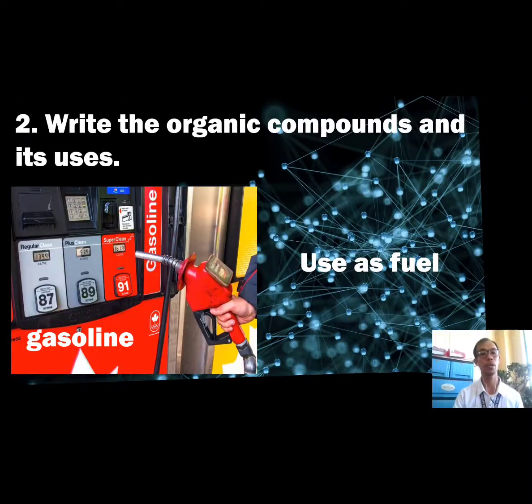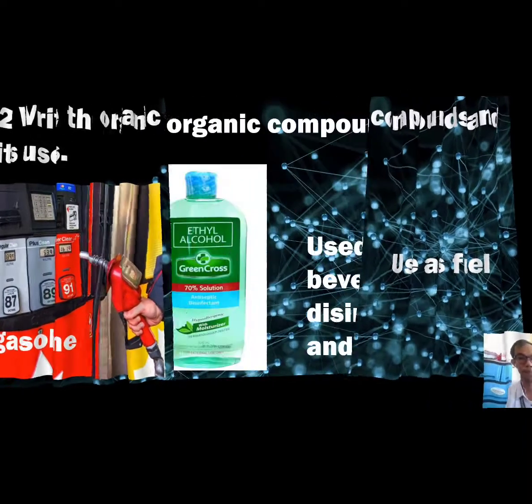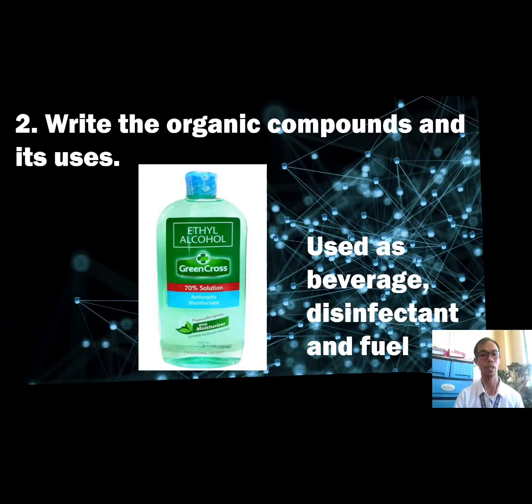For number 2, write the organic compounds and their uses. You have there number 1, gasoline will be used as fuel. Ethyl alcohol, based on the table, ethyl alcohol is used as beverage, disinfectant, and also fuel.